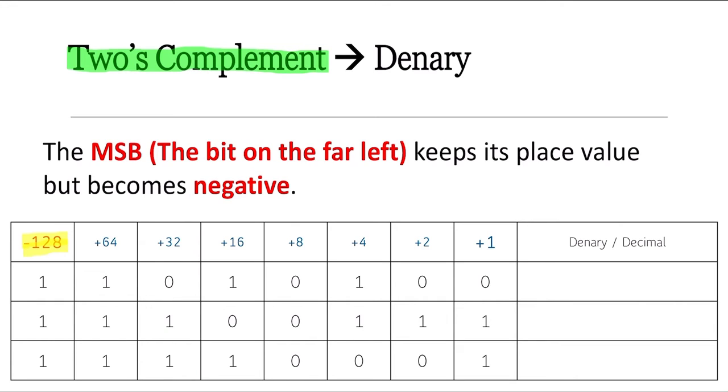So in this case, the most significant bit is 128. It keeps its place value of 128, but it becomes negative. And this allows us to represent negative numbers between minus 128 and minus 1.